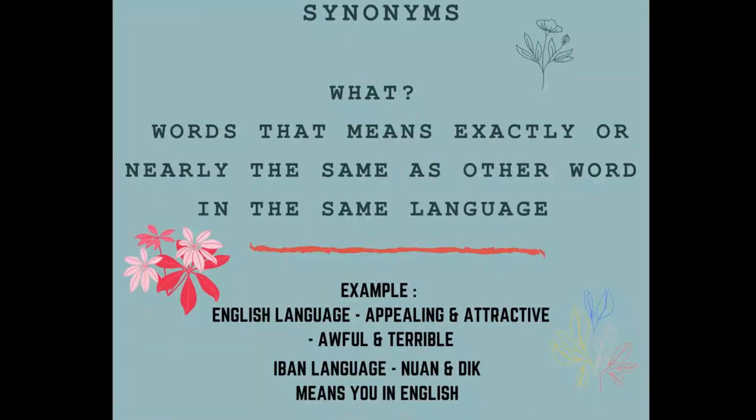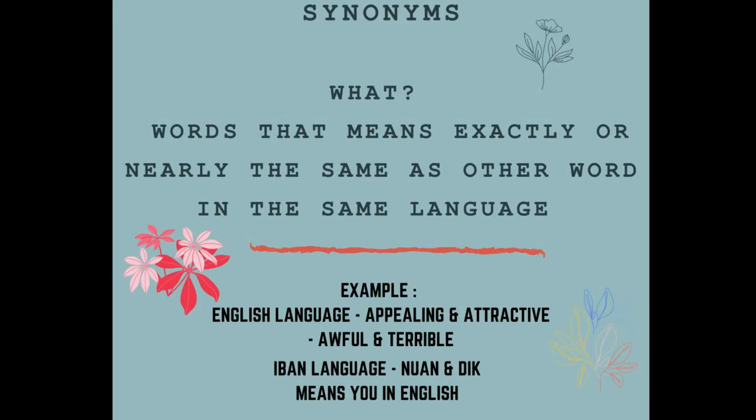Okay, so the first lexical relation that we're going to explain is synonyms. Synonym is a word that means exactly or nearly the same as another word in the same language.